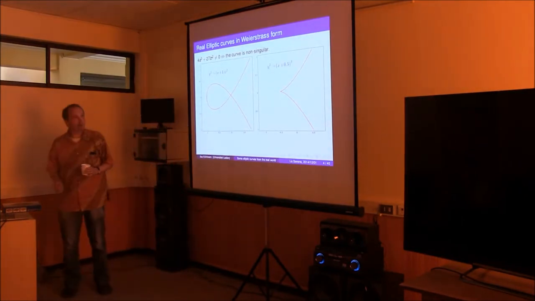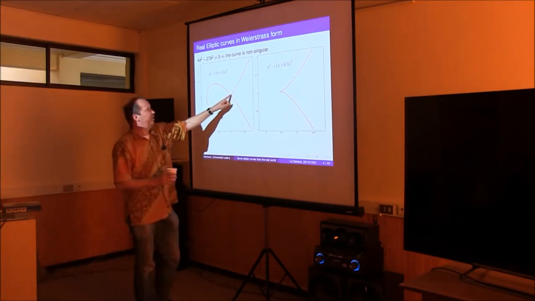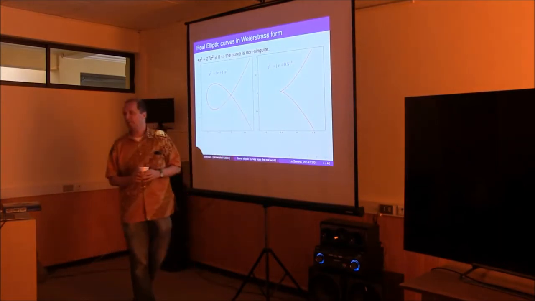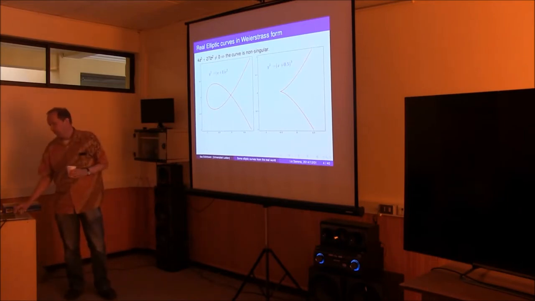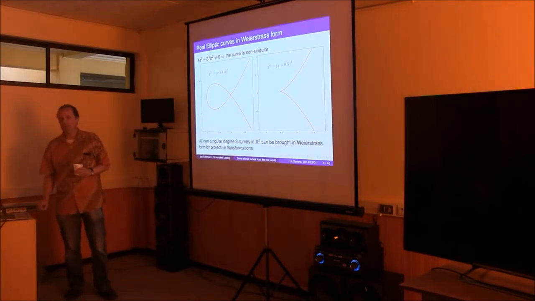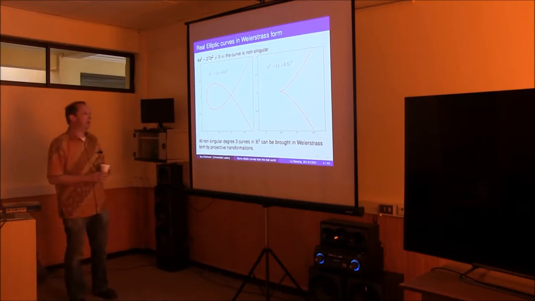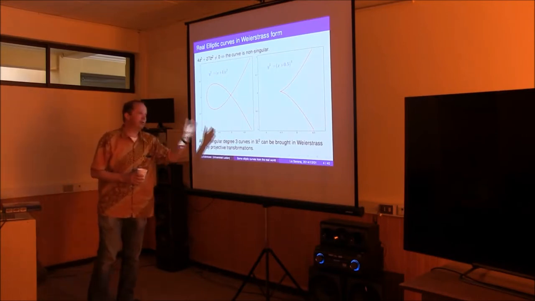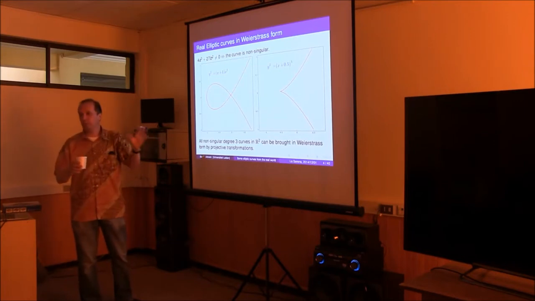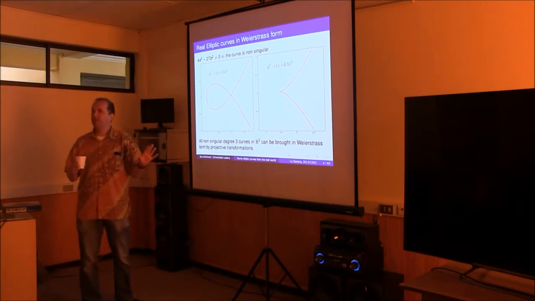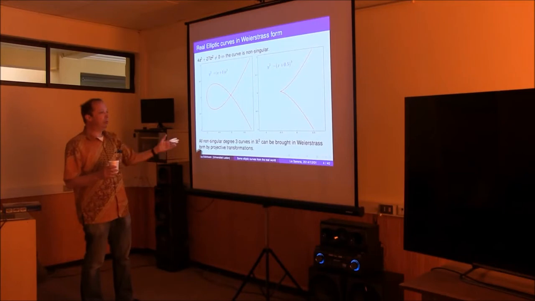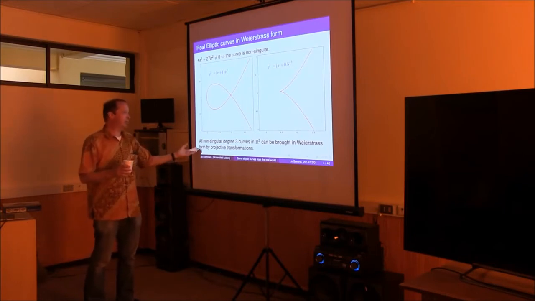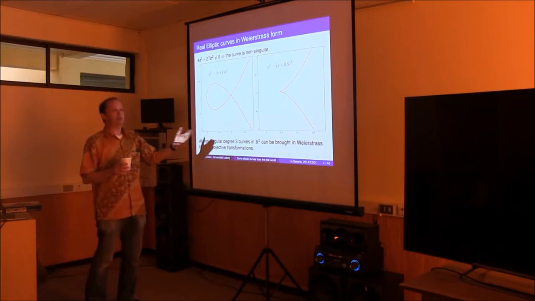These are singular, right? At this point, or at this point, the solution set is not a manifold, and that is the complication that we don't want today. And so if you have any non-singular degree 3 curve in R2, so if you would take a more complicated equation with x and y, a polynomial in these 2 variables of total degree 3, then you could always bring it in Weierstrass form by projective transformations.